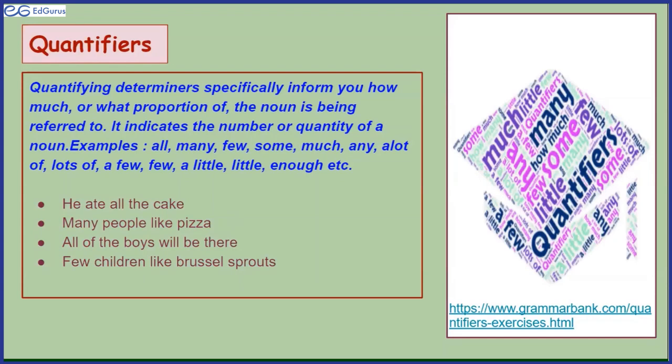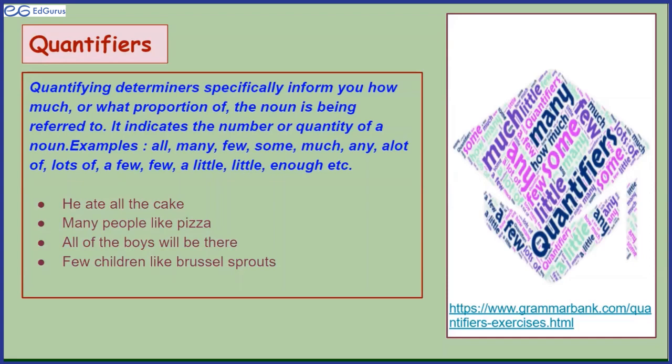Many people like pizza. So many people. Now many is a quantifier determining the number of the people. All of the boys will be there. It could be all the boys will be there. Whether it is all of the boys or all the boys, it is referring to the boys.